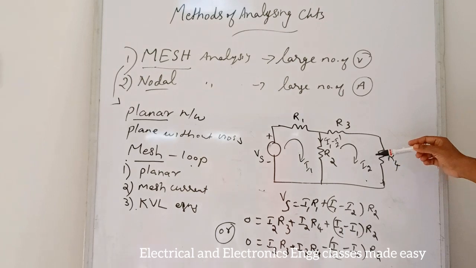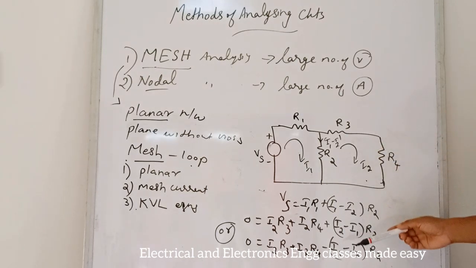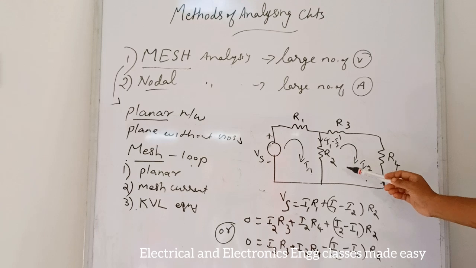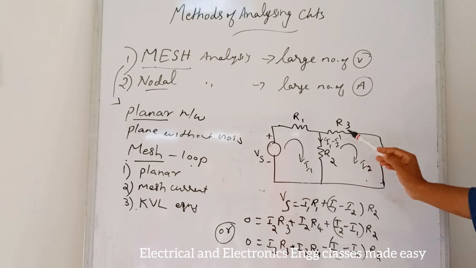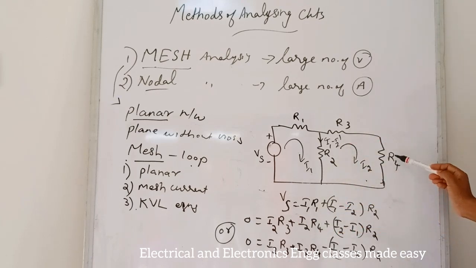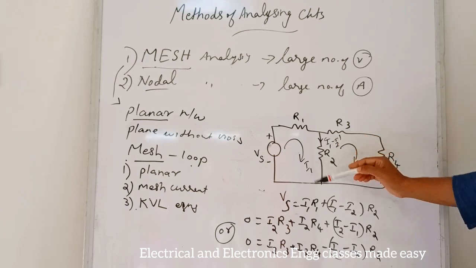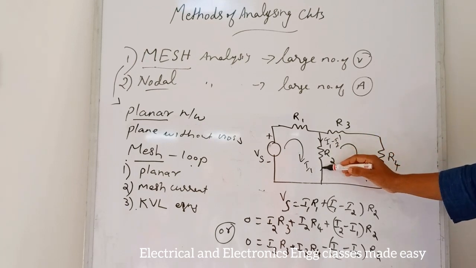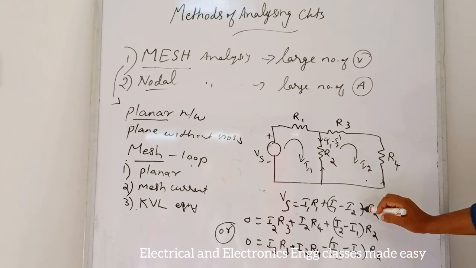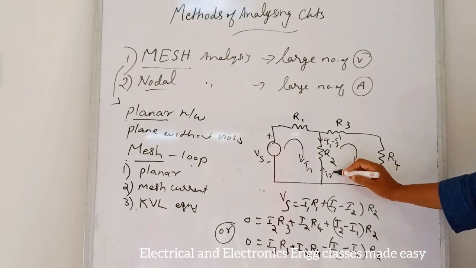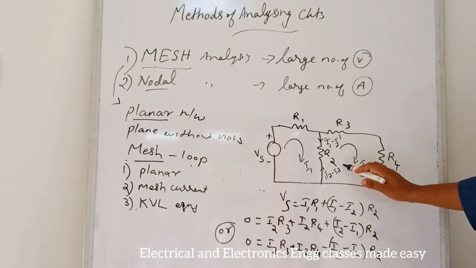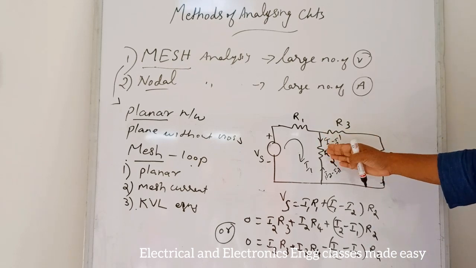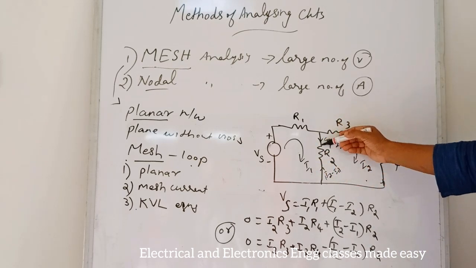After writing the KVL equation for this second loop, we get 0 equal to, because there is no voltage source in this loop, I2 into R3 plus I2 into R4 plus, if we consider I2 greater than I1, then it will be flowing in this direction. So we can write (I2 minus I1) into R2. Or if we are considering I1 is greater, then it will be flowing in this direction.